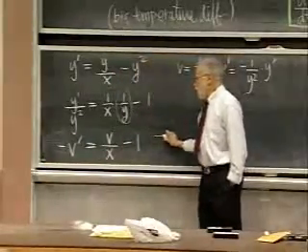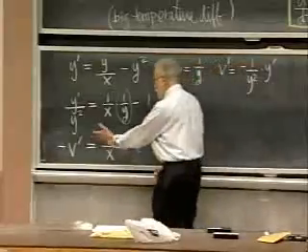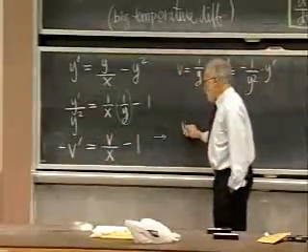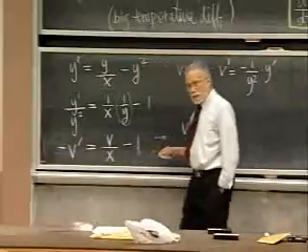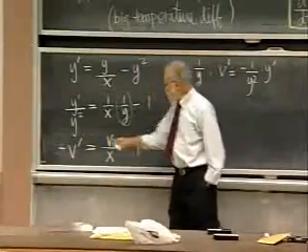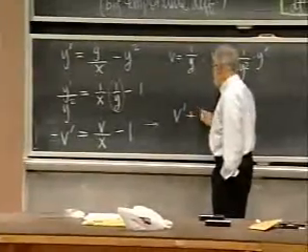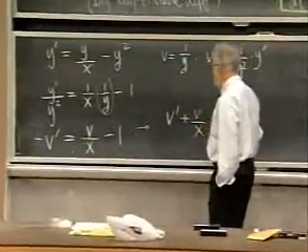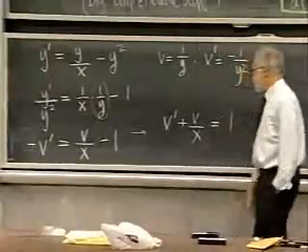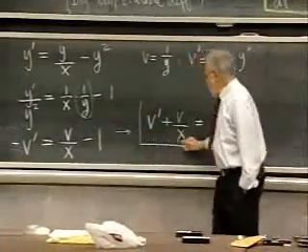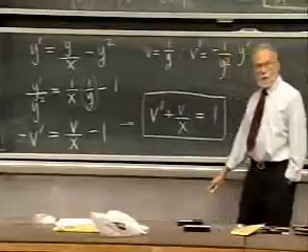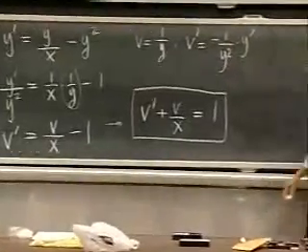So let's put that in standard form. First imagine multiplying it through by negative 1 and then putting this term on the other side, and it will turn into v prime plus v over x is equal to 1. So that's the linear equation in standard linear form that we're asked to solve, and the solution isn't very hard.